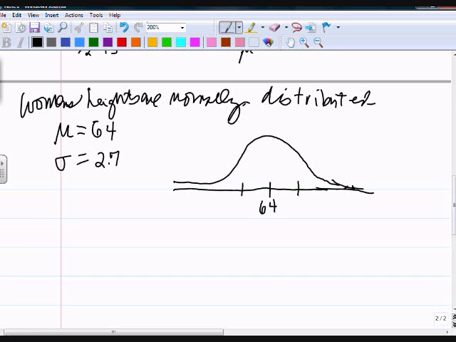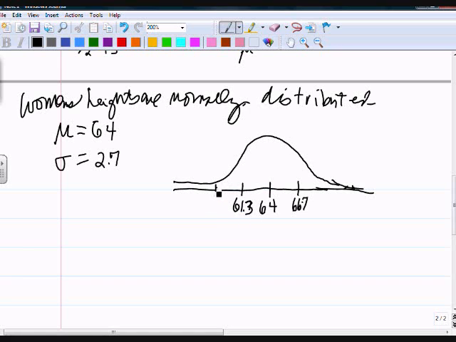So plus 1 standard deviation would be how many inches? 64 plus 2.7. 66.7. How about subtract 1 standard deviation? 61.3.